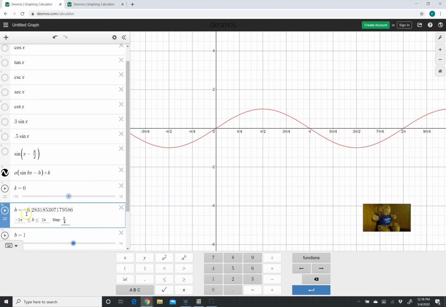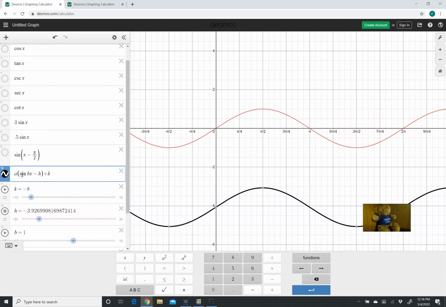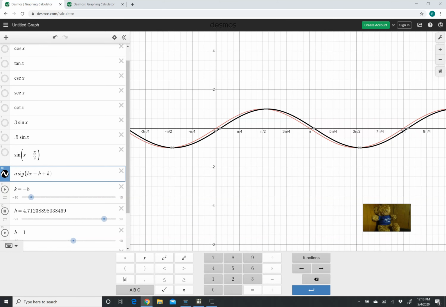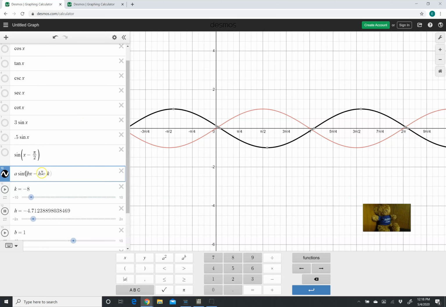So let's just see what happens to this as we move the wave. Why is this doing up or down? What did I do? Oh, I know what I did. Sorry. I put the parentheses in the wrong place. Okay, now I got it. Okay, so here we're moving it left or right.